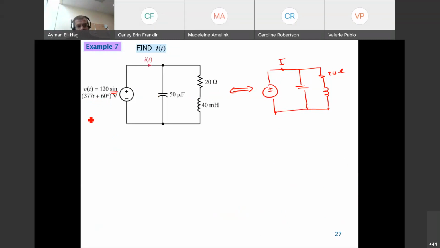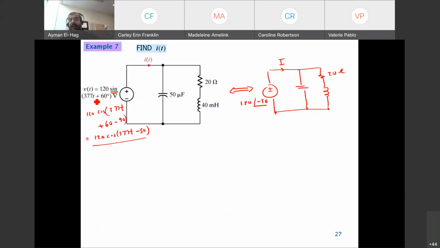So this becomes 120 cosine(377t plus 60 minus 90), which is equal to 120 cosine(377t minus 30). So now my supply is 120 angle of minus 30. This is my supply, so forget about anything else.